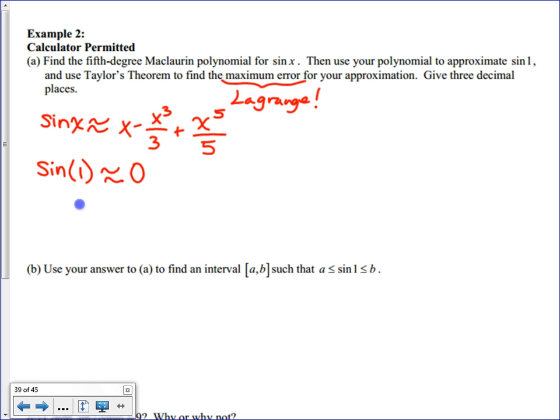Sine of 1 isn't 0, but I would plug in 1, right? So I'd have 1 cubed over 3 plus 1/5. And then I'd have to use, we can say Taylor's theorem really is the Lagrange error bound is what it actually defines.